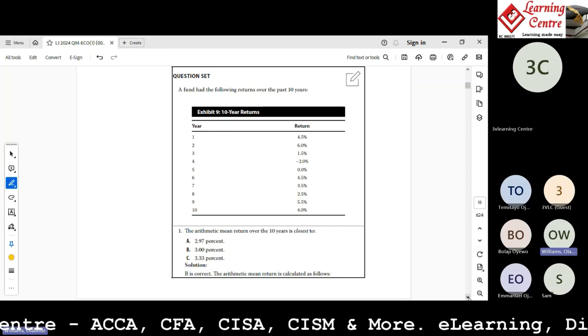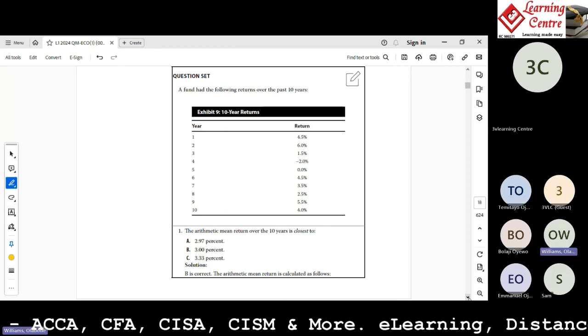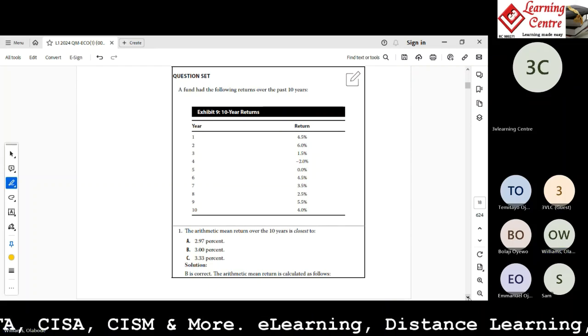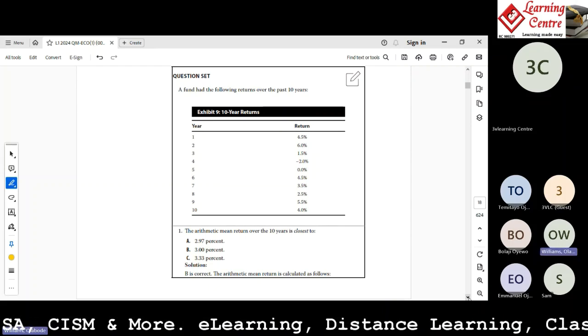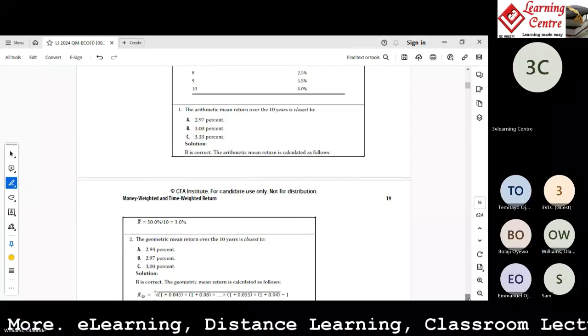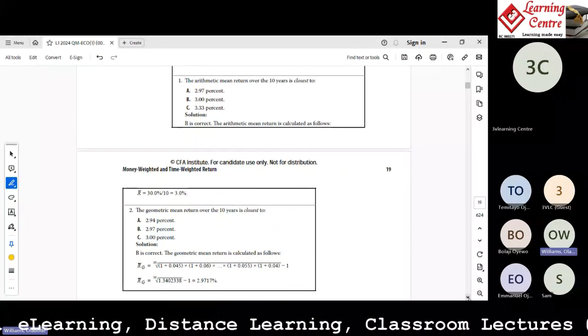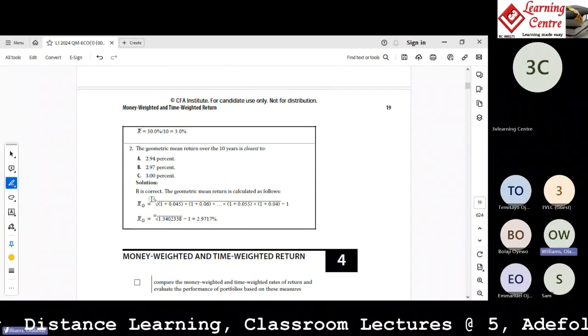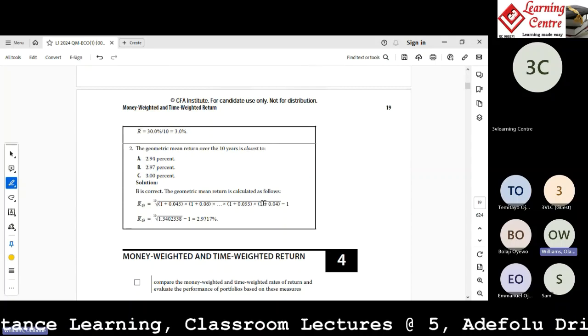They are very straightforward, so do not expect any complicated question here. They will give you the data, they will ask you to calculate the arithmetic mean, and you just plug it straight into the formulas. The geometric mean, the same thing. So this is to remind you of how the arithmetic mean or the geometric mean is calculated.